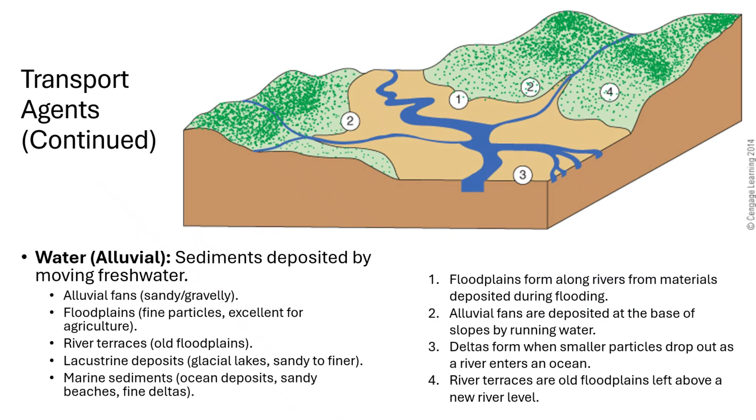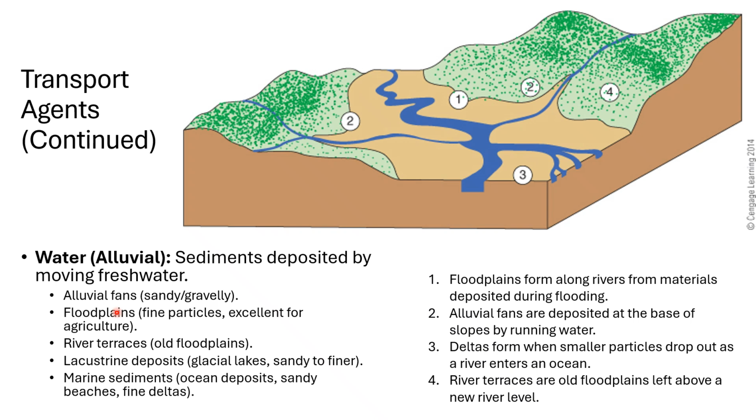So moving on to other transport agents, whenever soils have parent materials that were carried and deposited by moving fresh water, we call those alluvial soils. And this diagram from your textbook is talking about several features on the Earth's surface created by moving water and depositing sediment, such as floodplains. Okay, you know what a floodplain is.